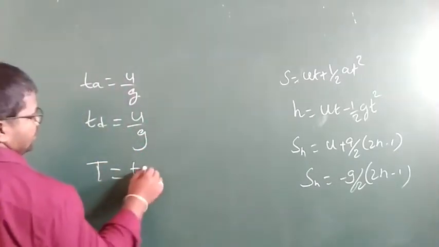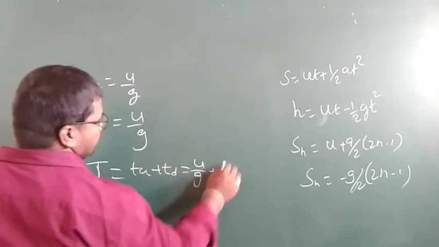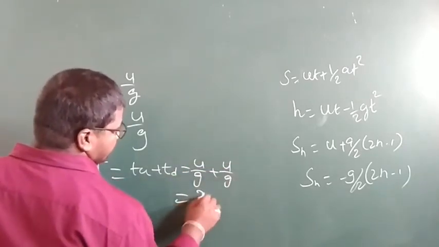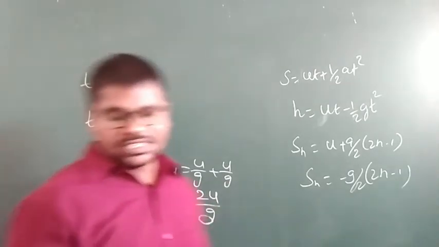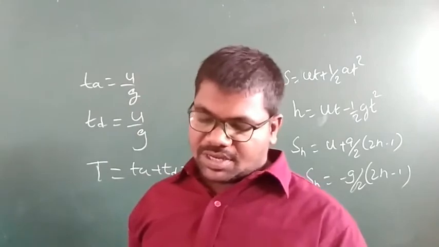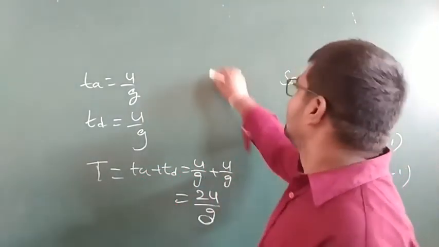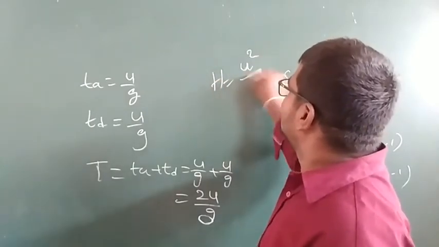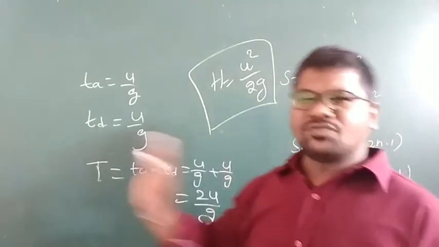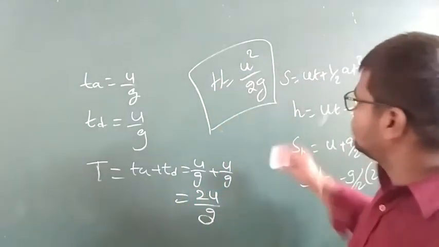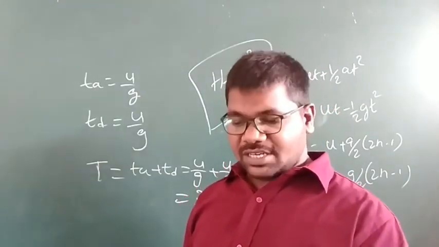Ta plus Td is equal to u by g plus u by g, which is equal to 2u by g. The maximum height reached by a particle, h, is equal to u square by 2g. From the derivations we have to find everything; from these formulas we have to get this. Understand, my children?